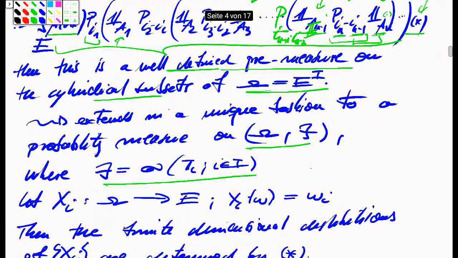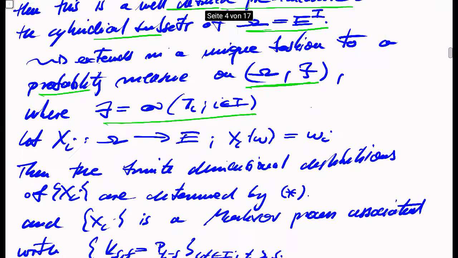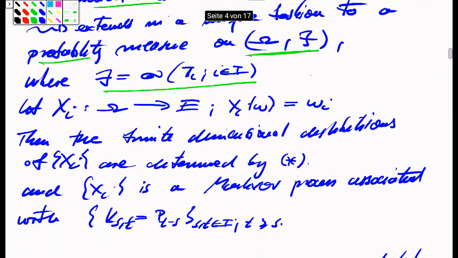So we have a probability measure, which shall be called P, defined on this full path space equipped with the cylindrical sigma algebra.